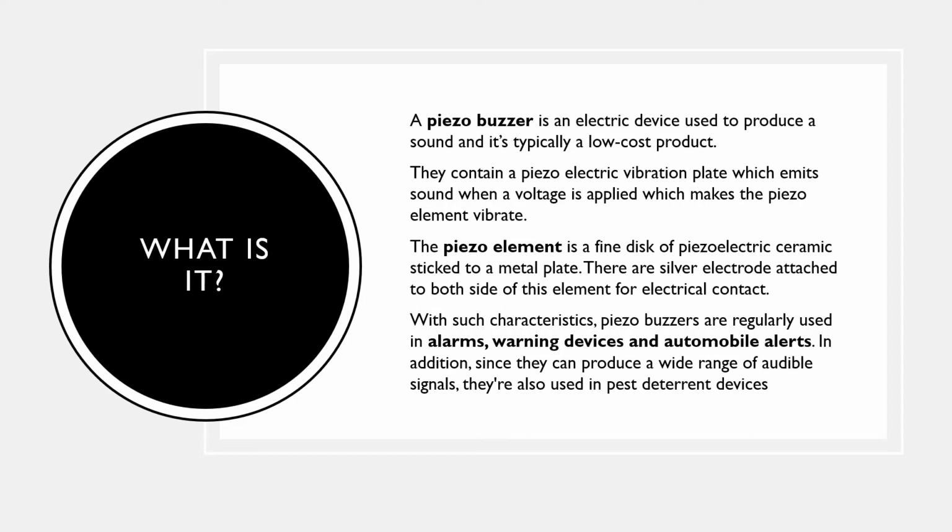Now, the piezo element is a fine disc of piezoelectric ceramic stuck to a metal plate, and there are silver electrodes attached to both sides of this element for electrical contact. With such characteristics, piezo buzzers are regularly used in alarms, warning devices, and automobile alerts. And as they have such versatility with their sound range, they can also be used as pest deterrent devices.